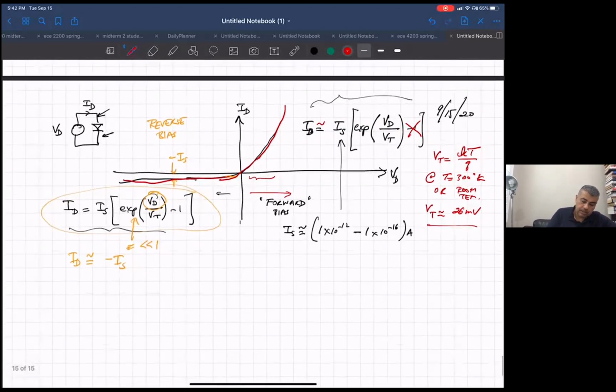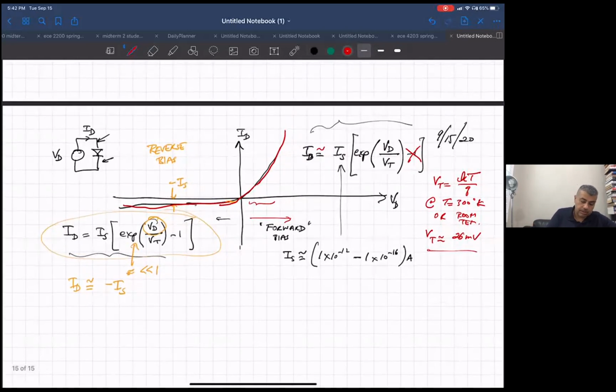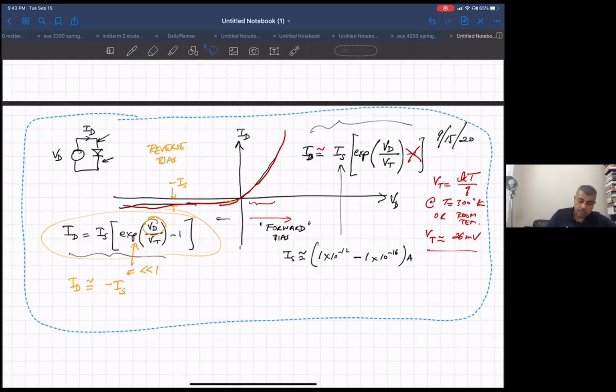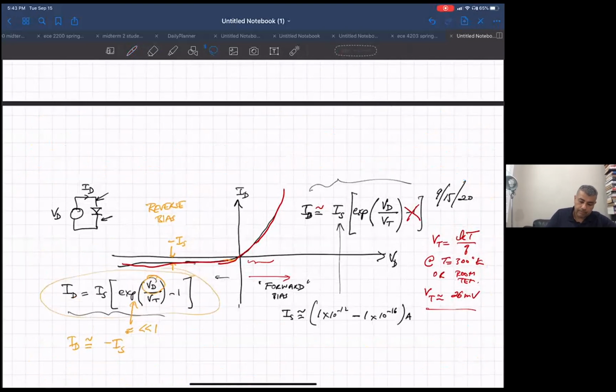So let's call it the exponential model. This is as close to a real one as you're going to get in hand calculation.